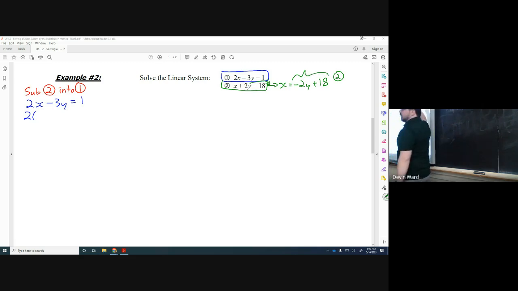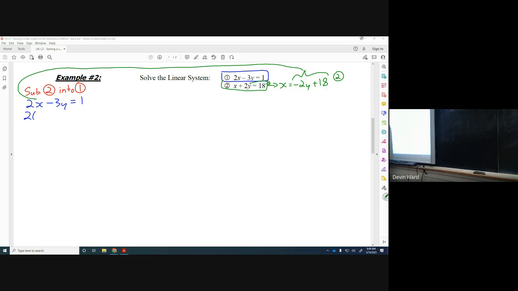Since x equals negative 2y plus 18, I'm going to say that this x right here is also negative 2y plus 18. They're both the same thing because equals means equals. Doesn't matter which equation it is, they're always going to be equal.